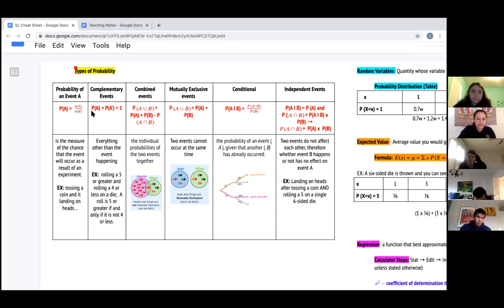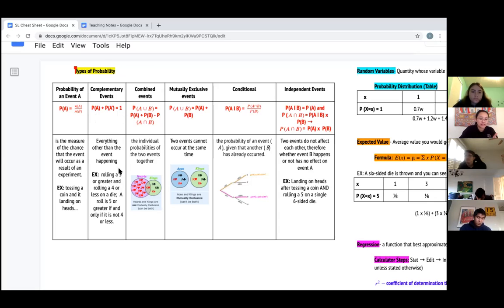Next, we have complementary events. Two events are said to be complementary when one event occurs if and only if the other does not. So the two complementary events add up to one. There's an easy explanation over here too, if you look at it.